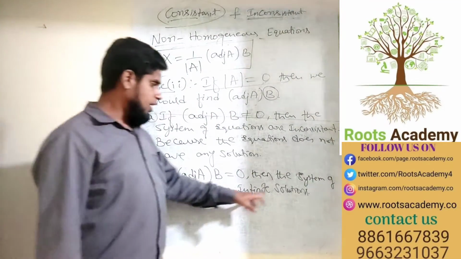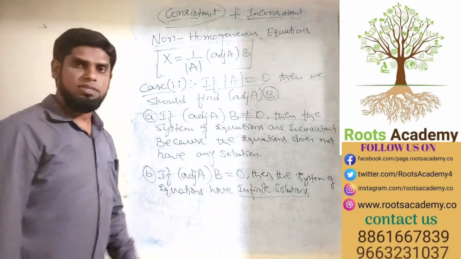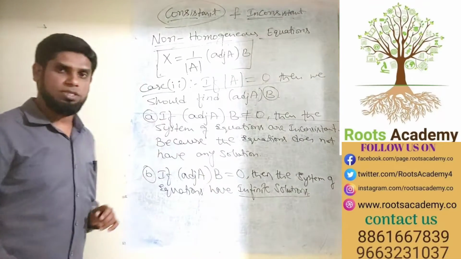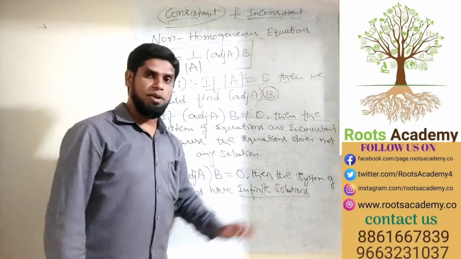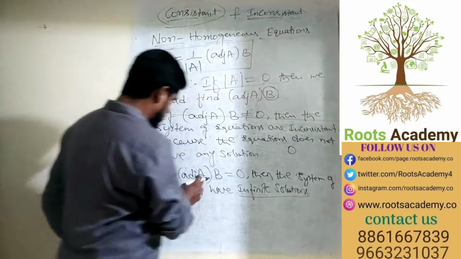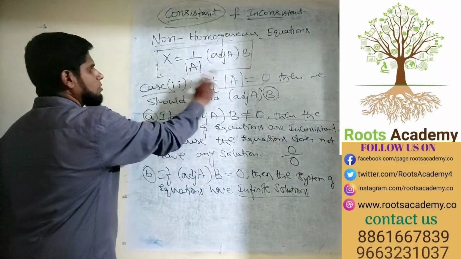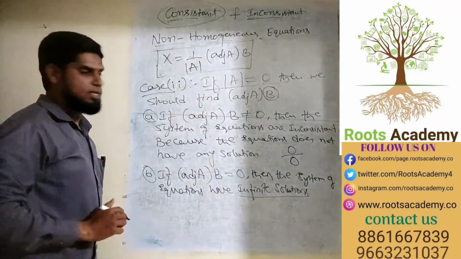How can we say that it has an infinite number of solutions? Because here the numerator part is 0 and the denominator part is 0, because the determinant is already 0 here.